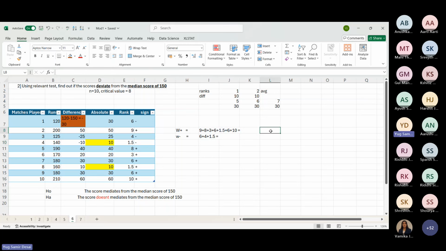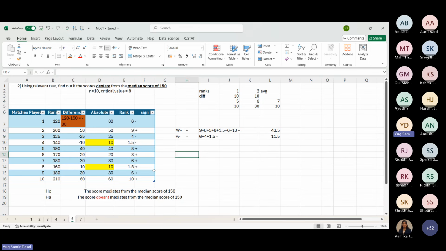So for W plus, which I'll repeat, it's the sum of all the ranks whose initial difference in the first step was positive. And that comes out to be 43.5. If I'm wrong, please correct me. All help is welcome. And for the negative signed ranks, the summation is 11.5.